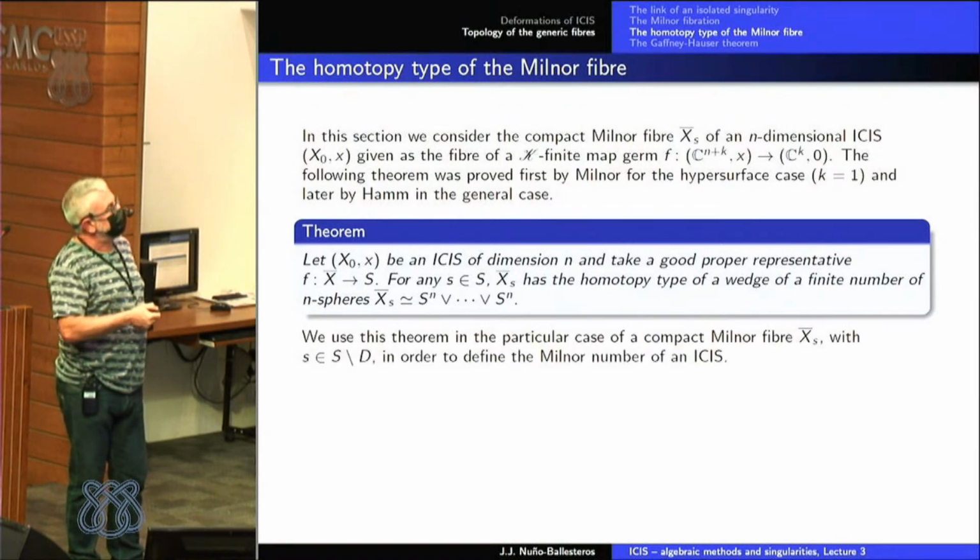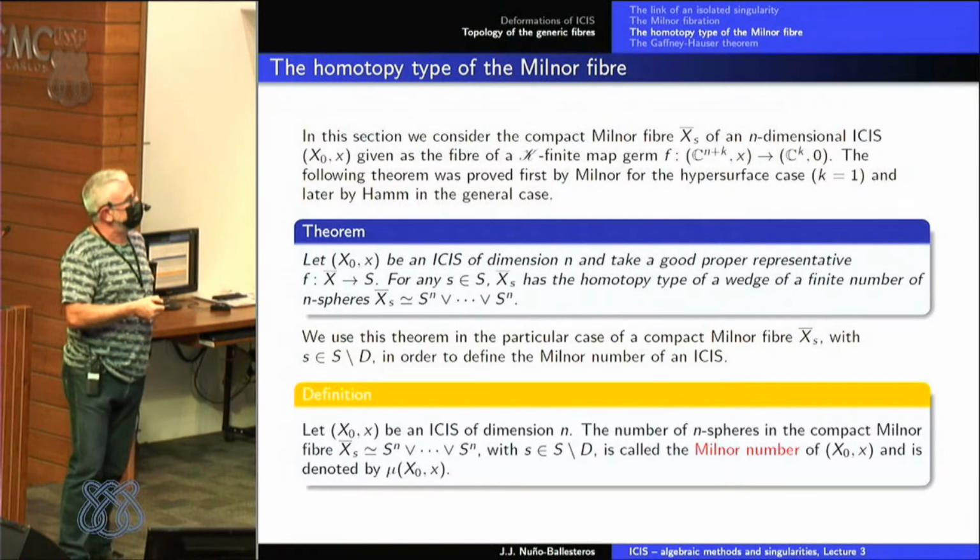We use this theorem in the particular case of a compact Milnor fiber, which means that the parameter S is not in the discriminant. And in this case, we define the Milnor number of the ICIS.